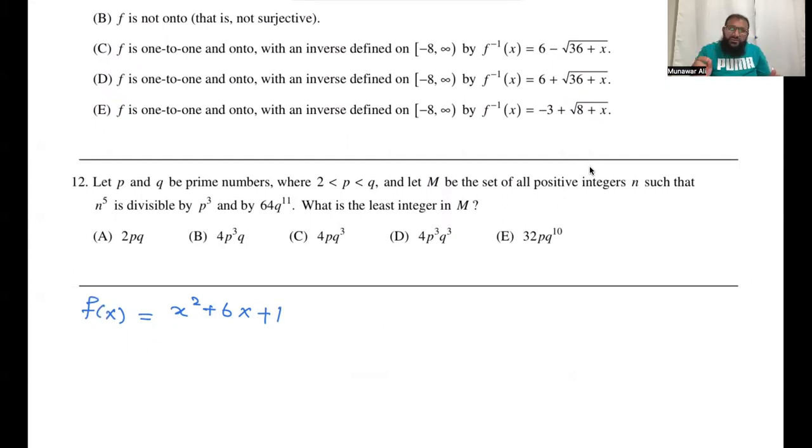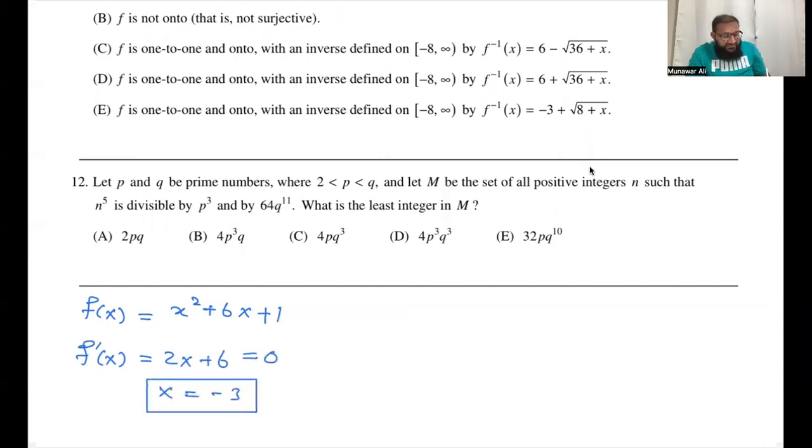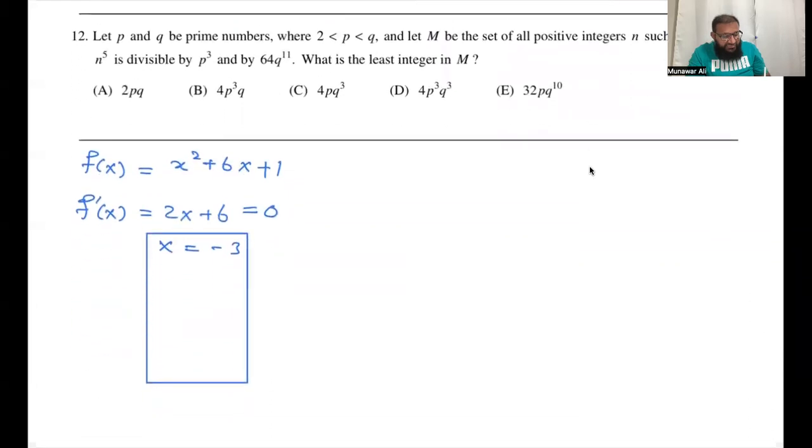So I need to find out the minimum point and see what the shape of the parabola is going to be. For the minimum point, I'm going to differentiate, and the derivative is going to be 2x plus 6. I'm setting this equal to 0. This gives me the value of x to be -3. So -3 is the minimum point.